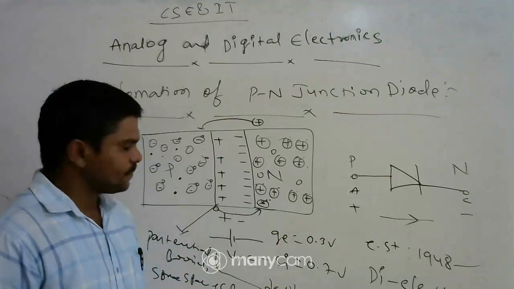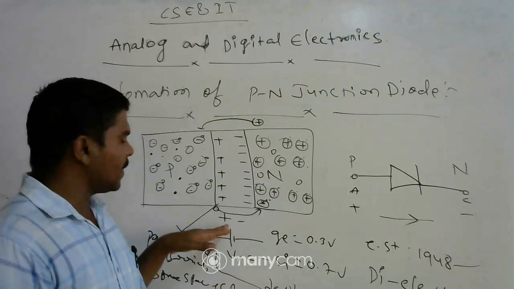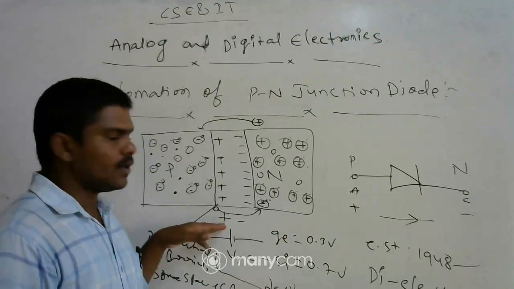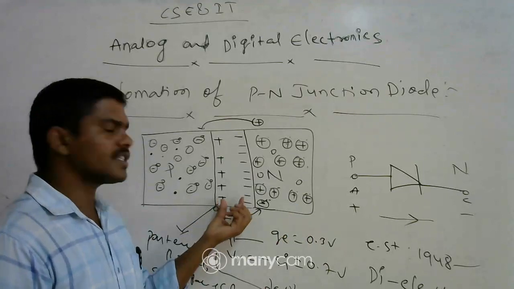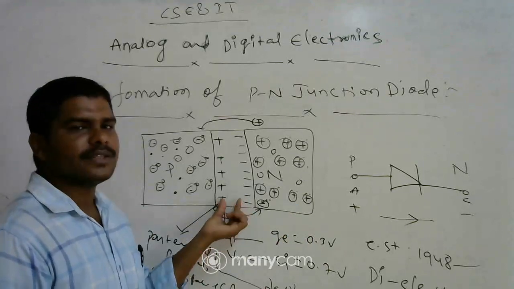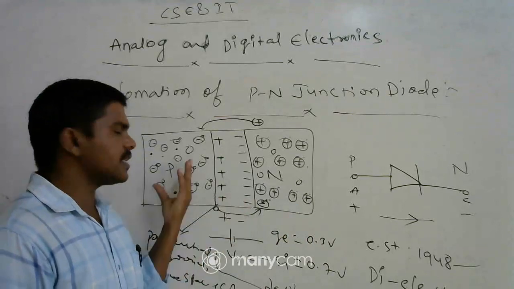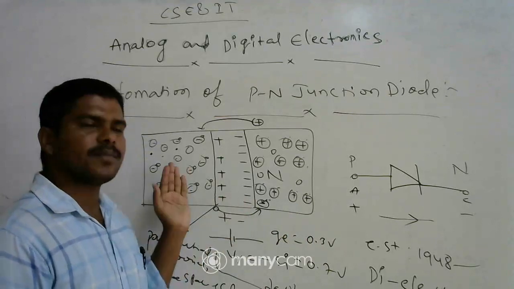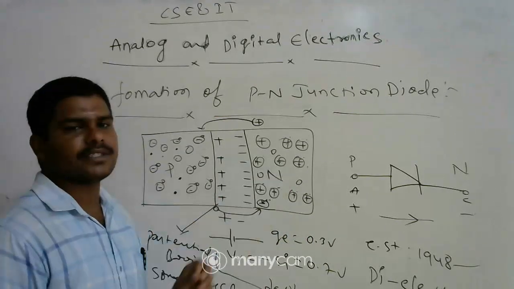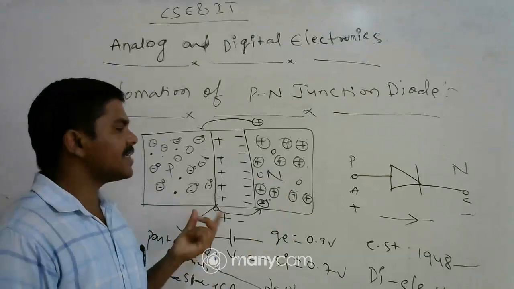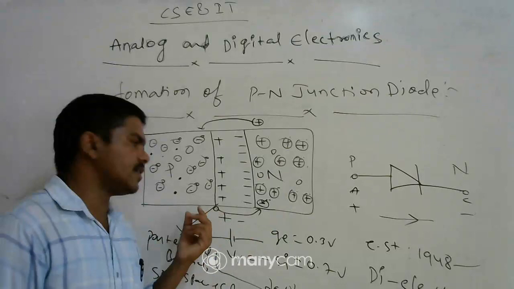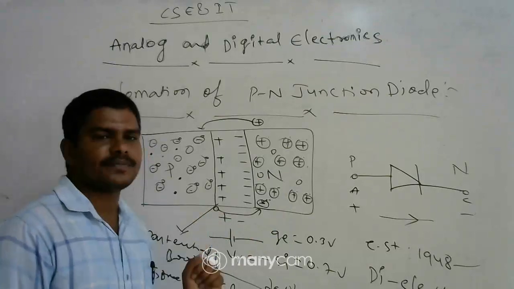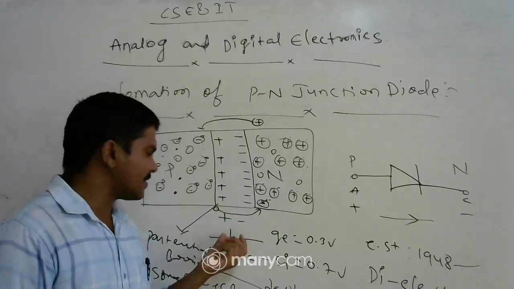That means when you apply an external voltage more than this junction voltage, only then do the charge carriers move from one region to another. Charge carriers means holes and electrons. So like this it forms the junction.